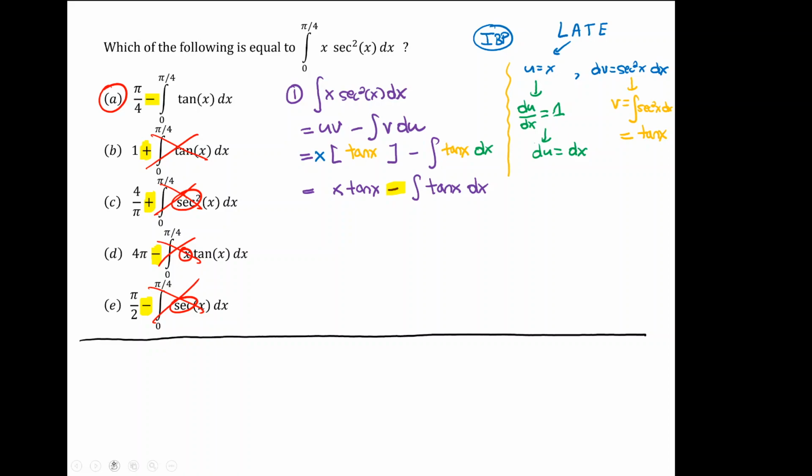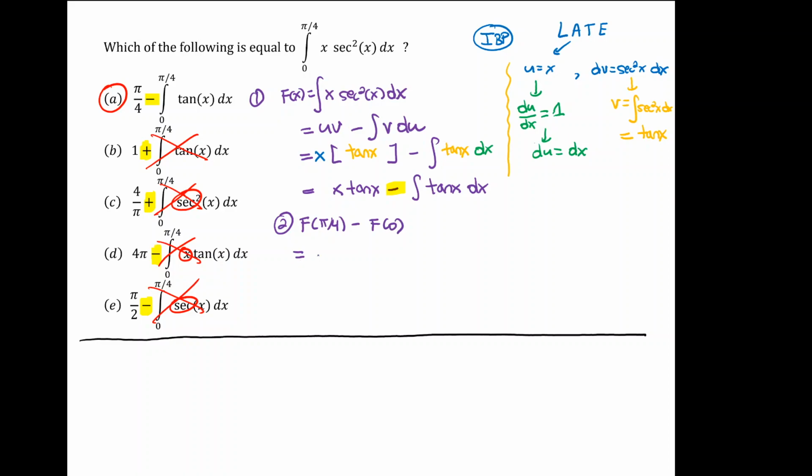I'm going to move on to step 2, even though we didn't finish this. So step 1, I skipped a part of step 1, which is calling this thing capital F. Step 2, what is F of the top bound, F of pi over 4, minus F of the bottom bound, F of 0.